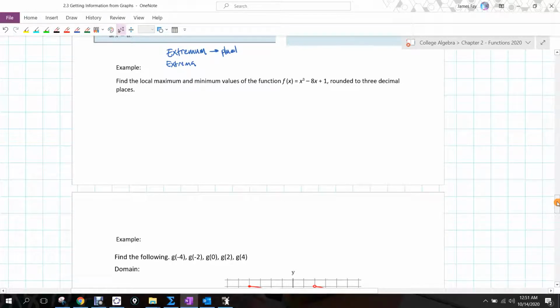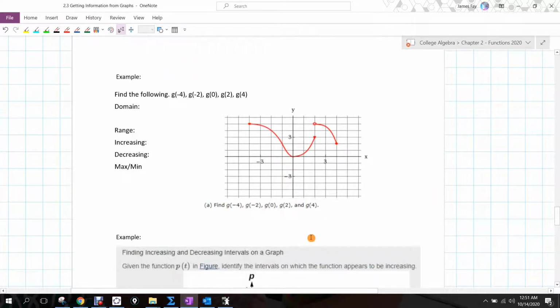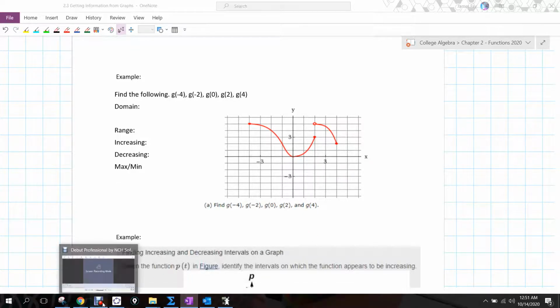But that's going to quickly change, and we'll soon be able to find those maximum minimums algebraically or analytically. Here are some questions that are going to encapsulate all the concepts we've been talking about in the last couple of days.